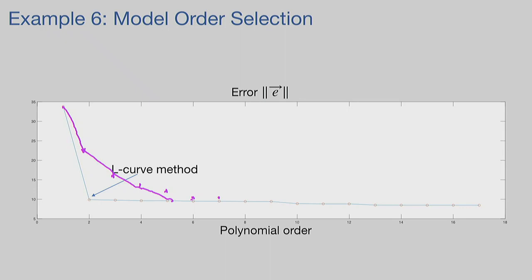So this is a polynomial, for example, and the order of the polynomial. But you can have other functions that have more coefficients, right? Because it's all about the number of coefficients, really. A second order polynomial will have more coefficients than a first order polynomial, right? By the order I mean how many coefficients you're solving for. So the L-curve method is useful, but not always, because it's not always distinct.